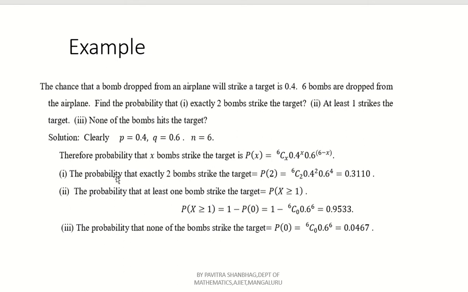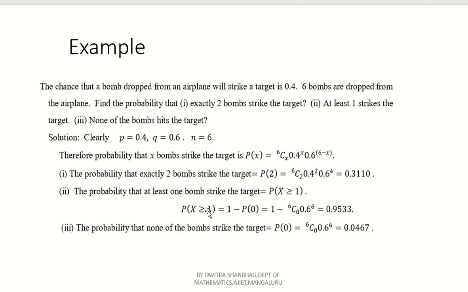Okay? Because p of 0 plus p of 1 plus p of 2 plus up to p of 6 is equal to 1. Therefore, what is p of x greater than or equal to 1? 1 minus p of 0. Because the probability that at least one bomb strikes the target is nothing but p of x greater than or equal to 1.